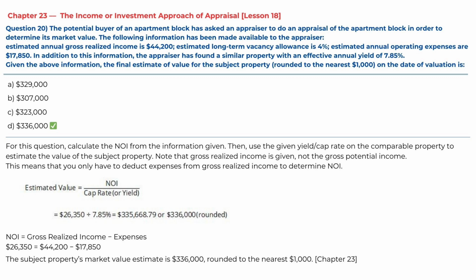Net operating income equals gross realized income minus expenses, so $26,350 equals $44,200 minus $17,850. The subject property's market value estimate is $336,000, rounded to the nearest $1,000.